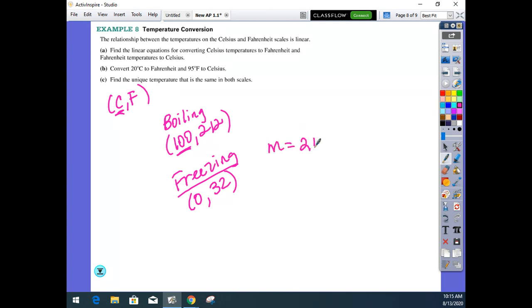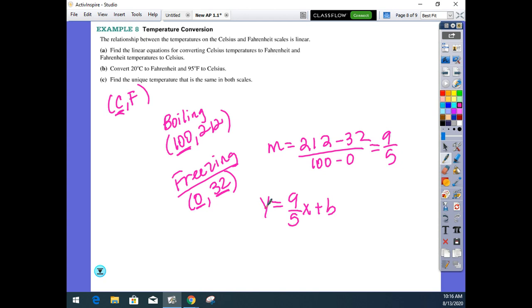So we do our y minus y over x minus x, simplify it all down, and get 9/5. Notice for freezing, this is our y-intercept. So if we know our y-intercept, we can just do y equals mx plus b.